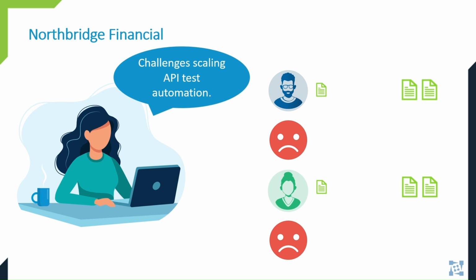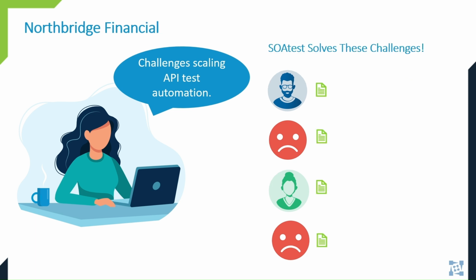In addition to this, manually writing out these test scripts and maintaining them was very time consuming. This limited their ability to scale their API test automation, as they didn't have the right staff in place to continue to handwrite API test scripts. And the time dedication to manually create these tests was just not feasible for scaling.